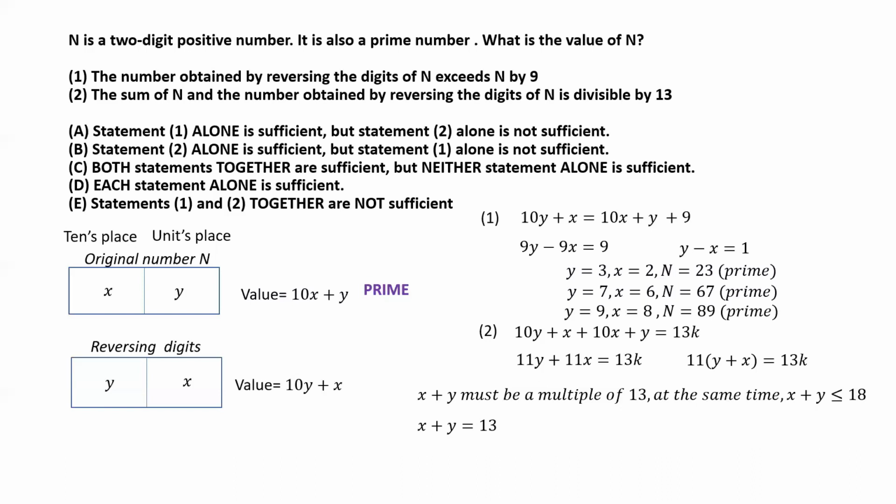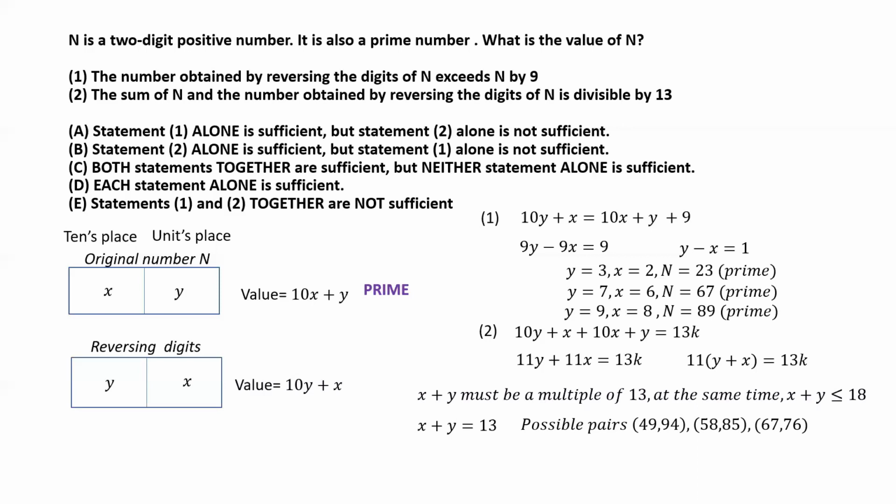And if that's the value of x plus y, what are the possible pairs of digits whose sum adds up to 13? So if we think about that, we can write the possible pairs of numbers. So it could be 49 or 94, 58, 85, 67, 76.